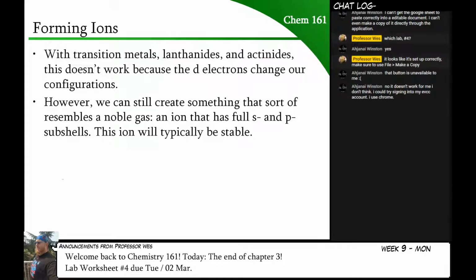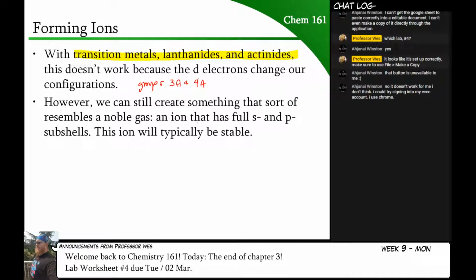Now, some elements kind of fall apart when trying to predict what ions they make. Particularly transition metals, lanthanides, and actinides, but also some other elements too, like, for instance, gallium or indium or thallium or lead or things like that. So elements in groups 3A and 4A also have this issue.